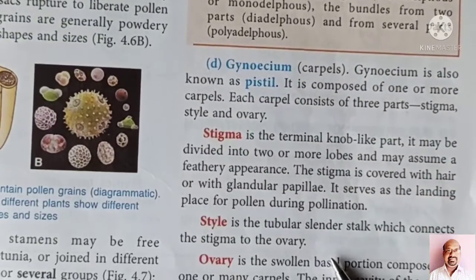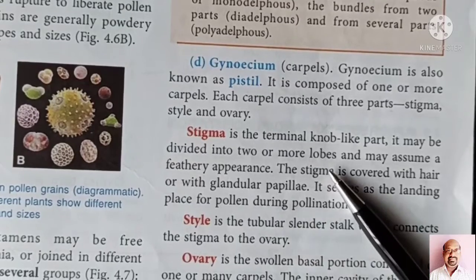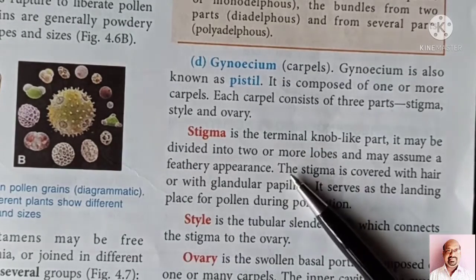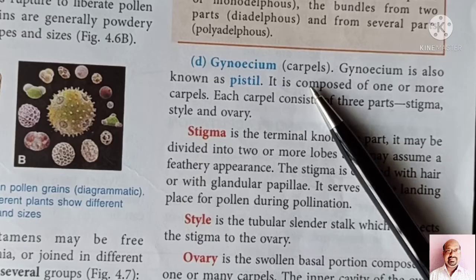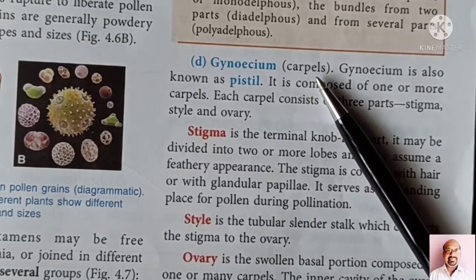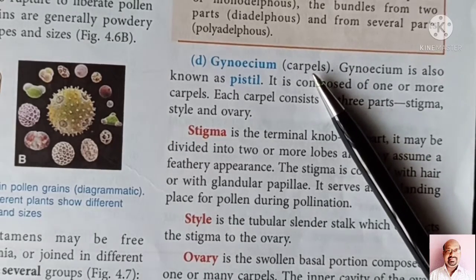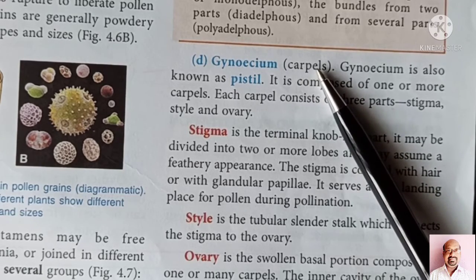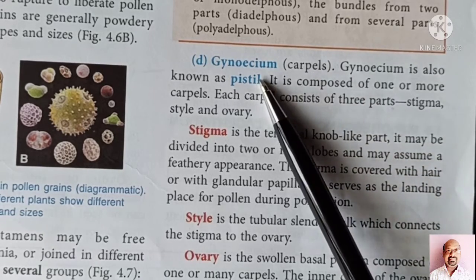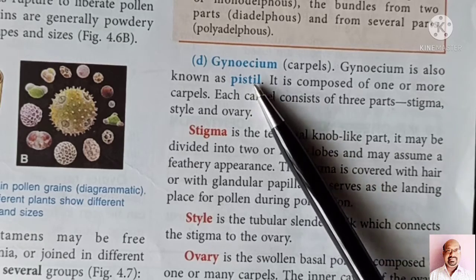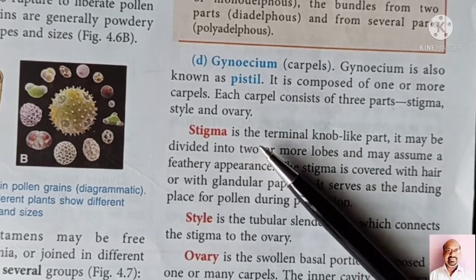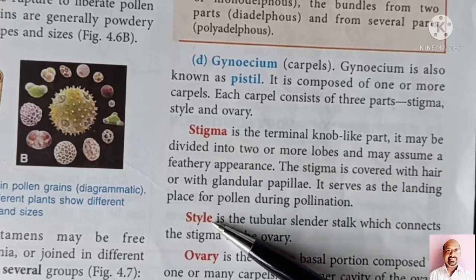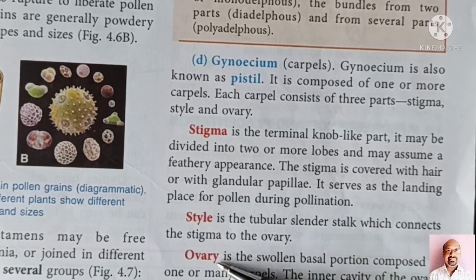Now the innermost and last, that is the 4th whorl, is the carpel. When we call it separately, it is a carpel, and all carpels together are collectively called gynoecium. Gynoecium is also known as pistil. This gynoecium consists of stigma, style, and ovary.